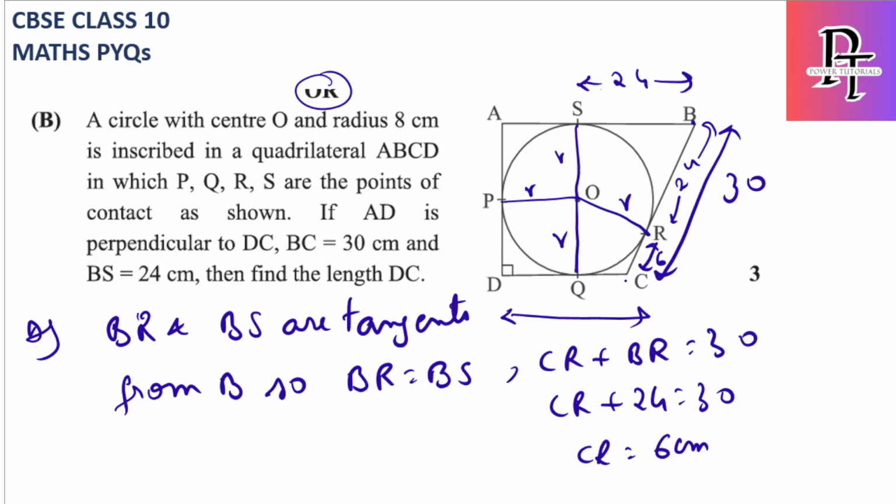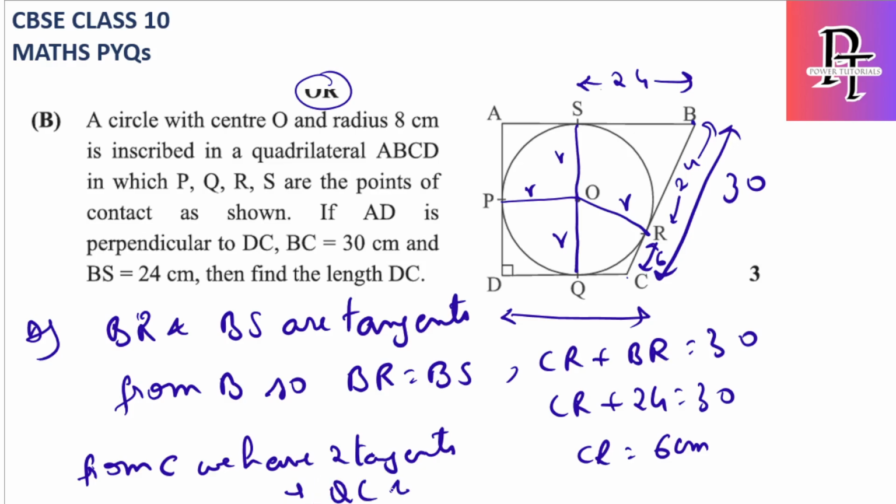Now if you notice, from C we have two tangents, QC and CR. I can say these two are also equal.